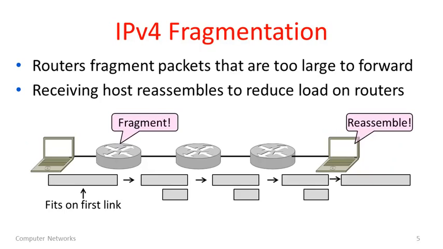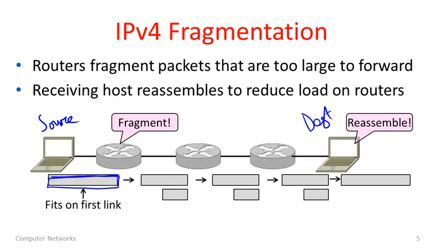Okay, so let's look at how fragmentation works. This picture shows an overall setup. I have a source here on the left and a destination here on the right. And I simply want to send a packet across. Now, the way fragmentation works, fragmentation will happen at routers inside the network. Our source here sends a big packet, the biggest packet which would fit on its first link, and it looks like that's fairly big.